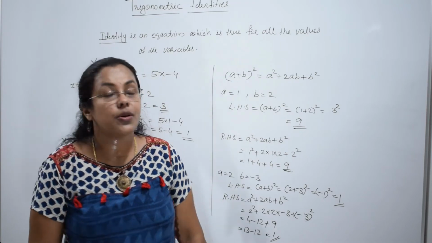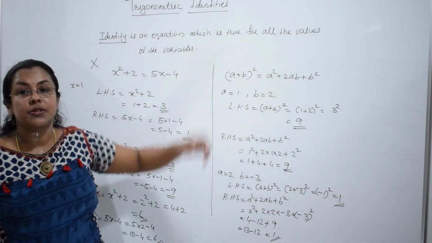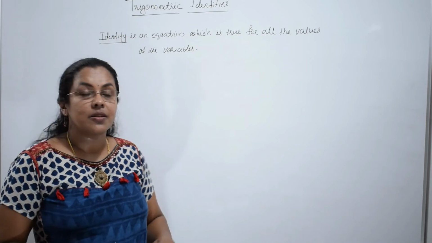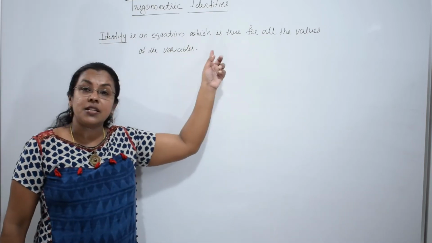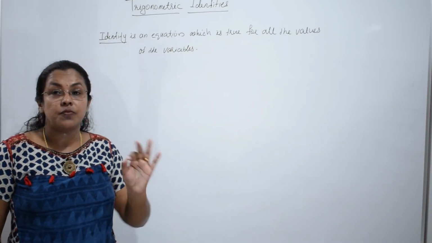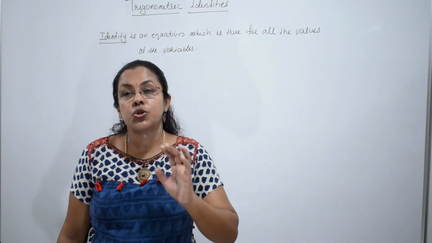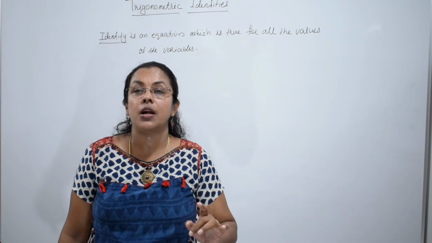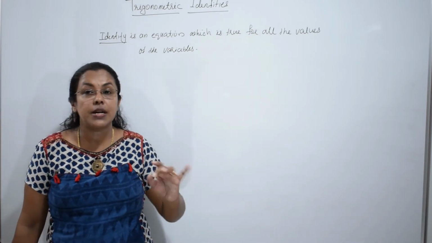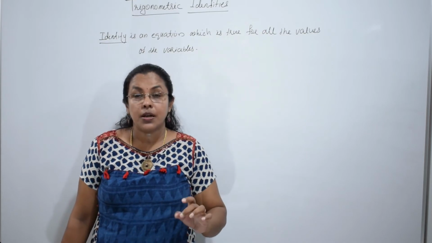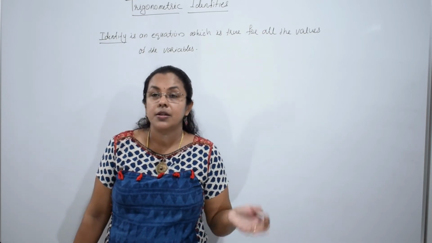Now I am going to explain trigonometric identities. What is a trigonometric identity? A trigonometric identity is an equation which involves trigonometric functions and is true for all the values of the variable. What is the variable here? The variable is the angle. So how can we define it?